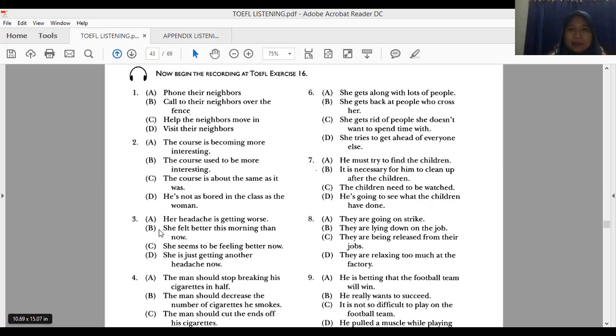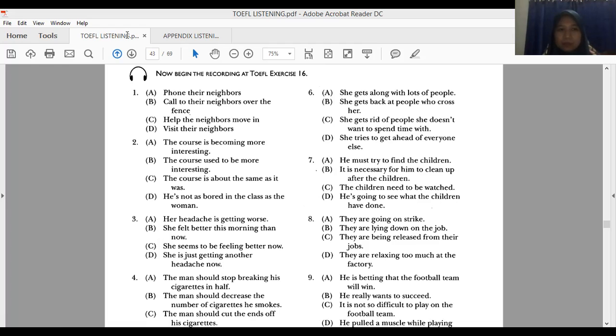TOEFL exercise 16. In this exercise, listen carefully to the short conversation and question in the recording, and then choose the best answer to the question. You should be particularly careful of 2- and 3-part verbs. Number 1. The new neighbors have just moved in. Maybe we should call on them.